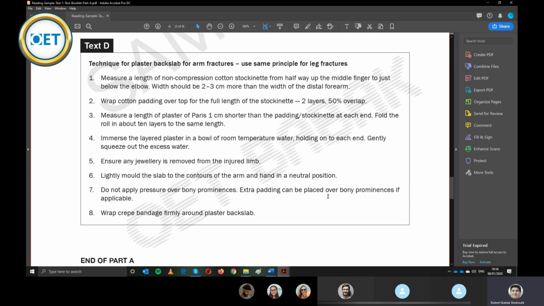Pressure on bony, no pressure on bony, extra padding on bony prominences, and wrap crepe bandage firmly.